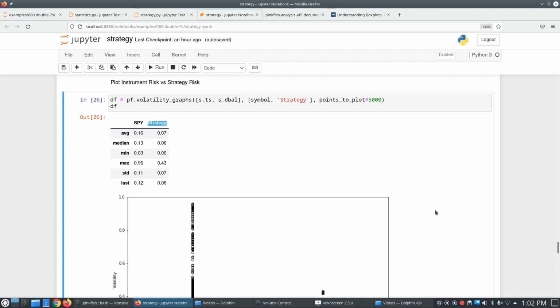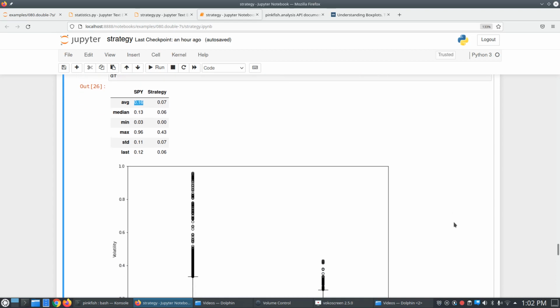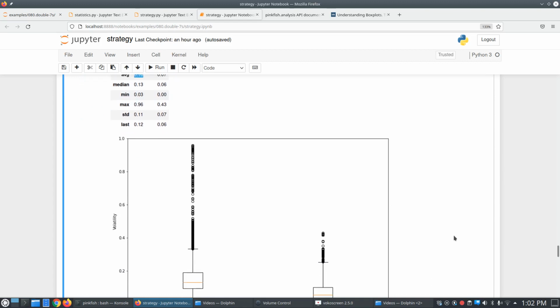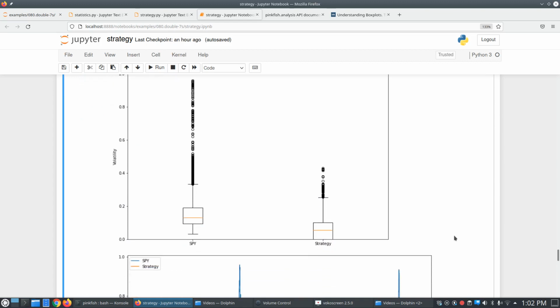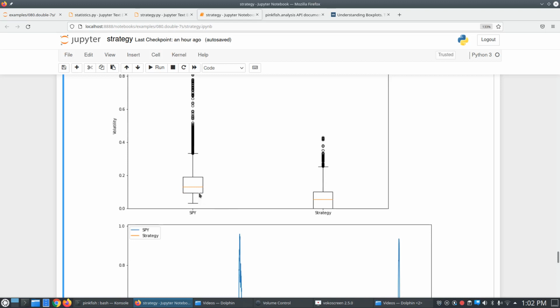And with this, we see that the average volatility, and this is a 20-day annualized volatility, is quite a bit larger for SPY versus the strategy, more than twice as much average volatility. And then we have the median as well. And down here we have a box plot of this, which is a graphical representation of those numbers.